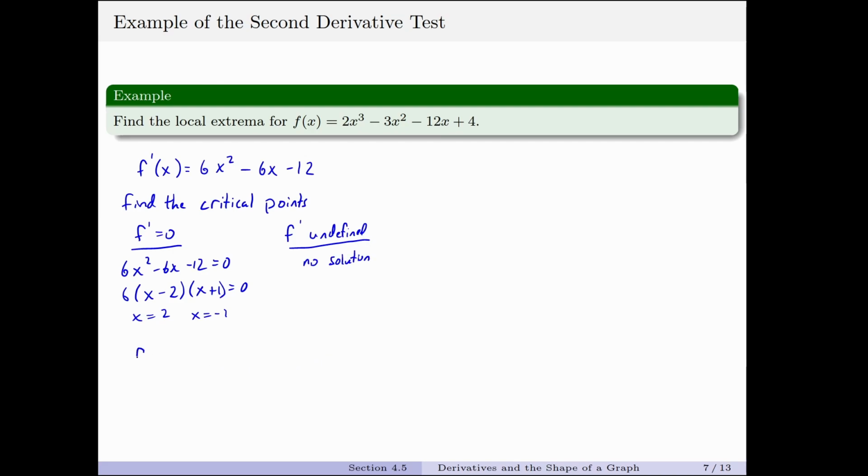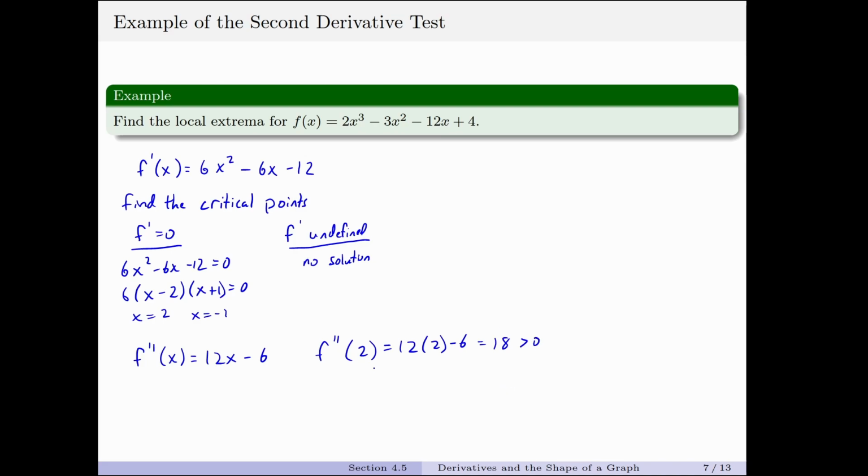So now let's find the second derivative. I'm going to take the derivative of the first derivative, and we get 12x minus 6. And what we do is we just test the critical points. There's no drawing a number line or anything like that. Okay, so f double prime of 2 is 12 times 2 minus 6, which is 24 minus 6, or 18. And 18 is positive.